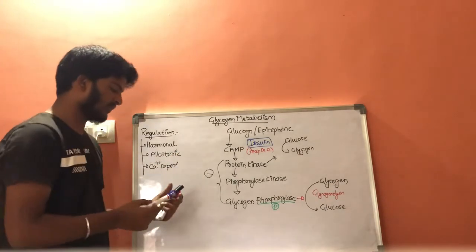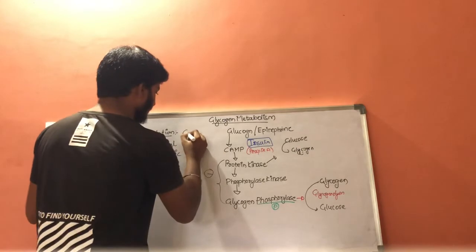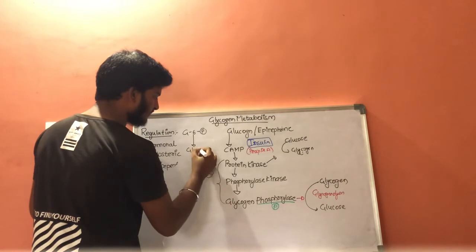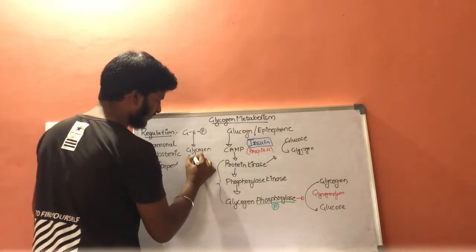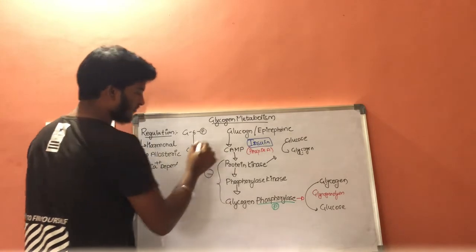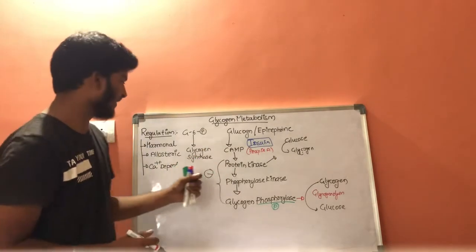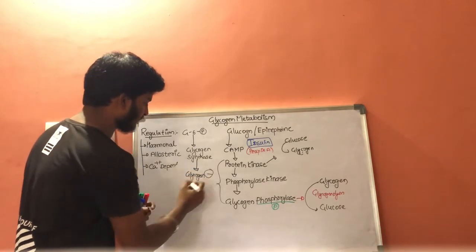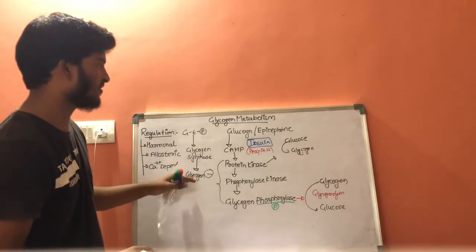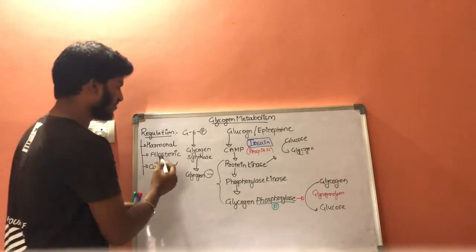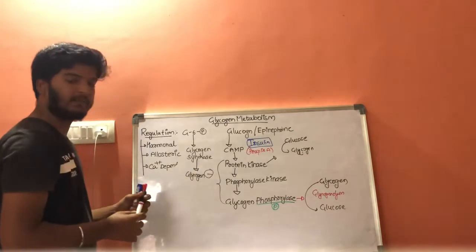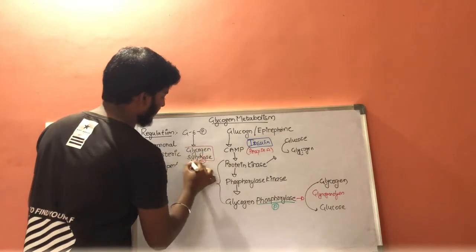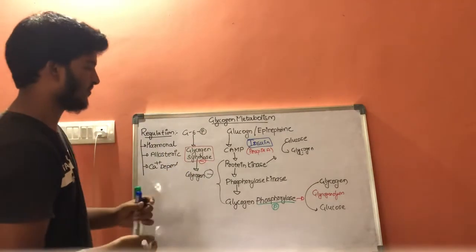Through the allosteric method, glucose 6-phosphate will activate glycogen synthase. Whenever glycogen synthase is activated, it results in formation of glycogen. Otherwise, in the allosteric form, glycogen synthase will get inhibited, and ultimately glycogen formation will not take place.